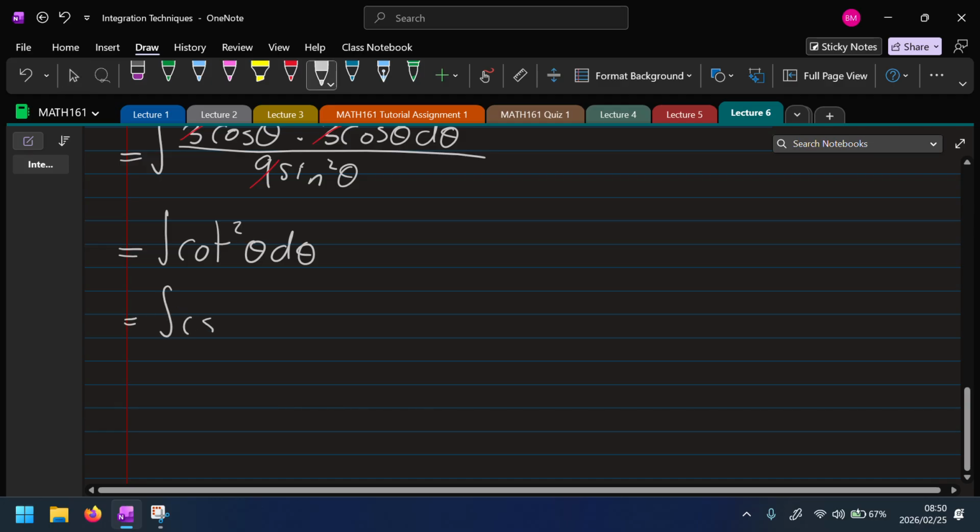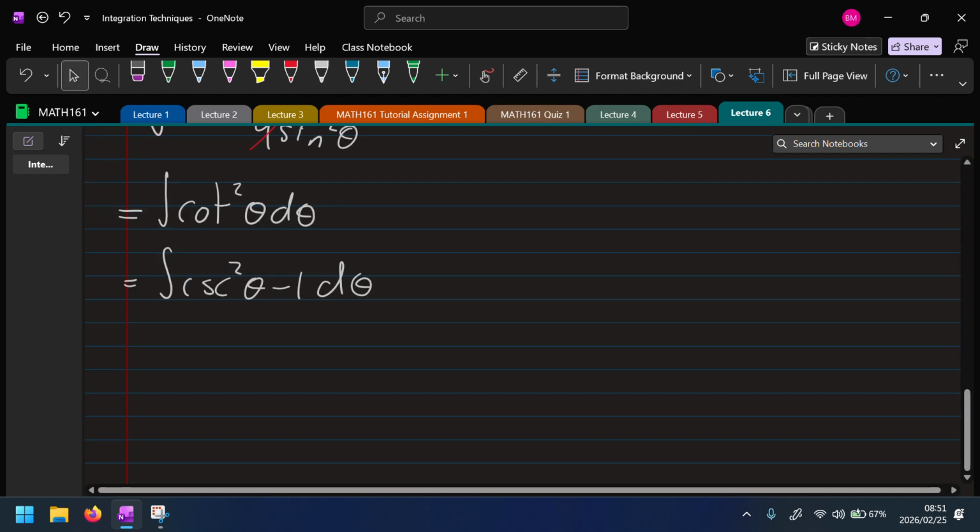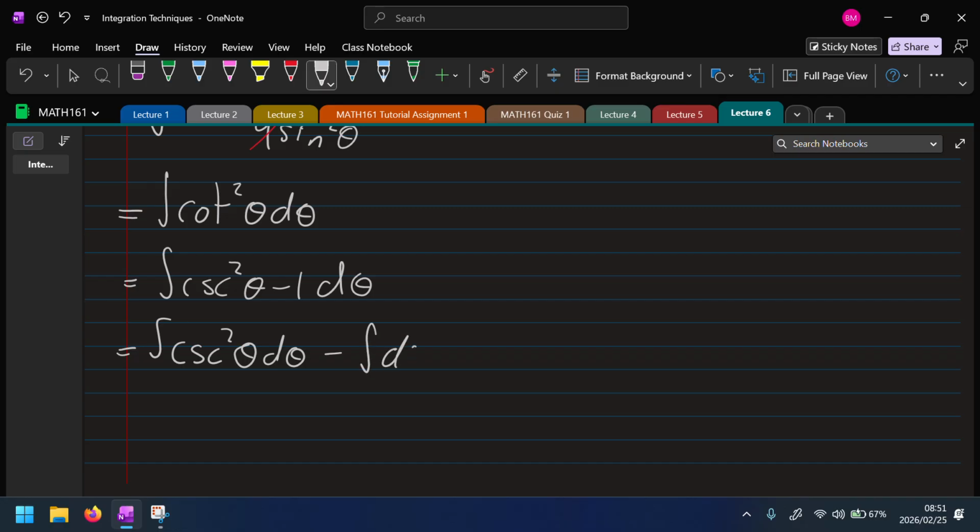So this will be cosec squared theta minus 1. So we use the trig identity. Please check your notes from last week. We covered this and the one with the tan squared. So we can split this into 2 problems now. This will be the integral of cosec squared and then just the integral d theta. Okay, integral cosec squared. What's that? Minus what? Minus cot. Good.